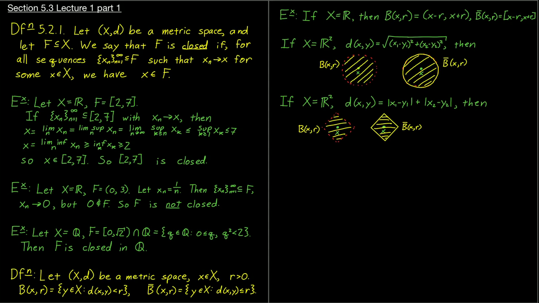And one last example of balls, if X, d is discrete, meaning we're using the discrete metric. So remember, this is this sort of space where all your points are a unit distance apart.